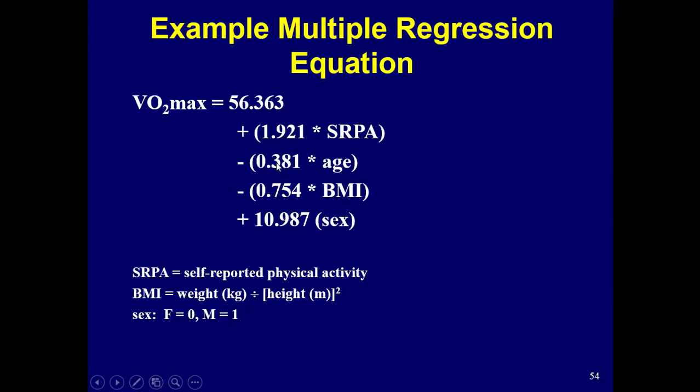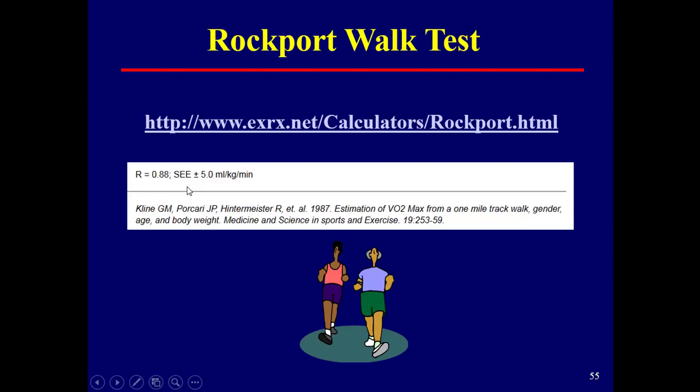The sign of these regression coefficients indicates the influence on VO2 max. The more self-reported physical activity you have, the higher your VO2 max will be. And we use sex as well to predict VO2 max, with males on average having about 10 mL per kg higher VO2 max than their female counterparts.